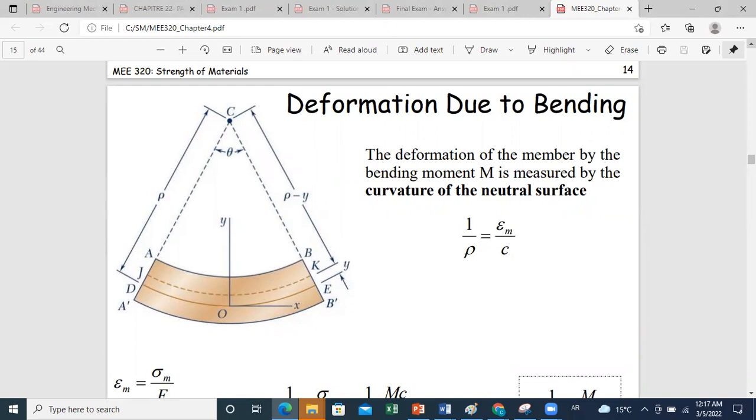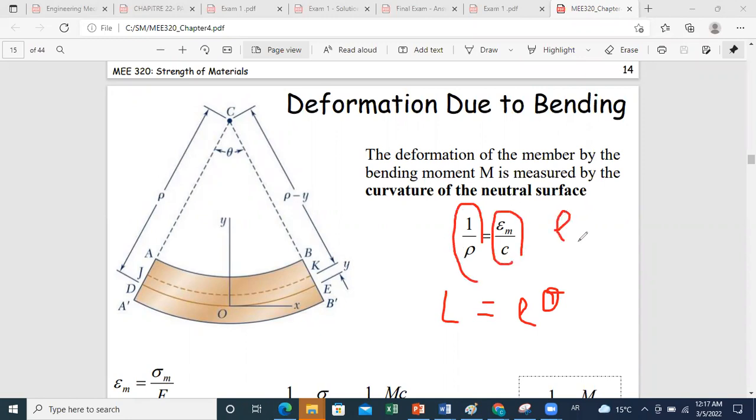We already developed a previous relation between the length of the neutral axis and the value of rho. We said that L is equal to rho times theta. And the deformation of the member by the bending moment can be measured by the radius of curvature rho, which is computed as 1 over rho equal to epsilon m over c. So rho is equal to c over epsilon m.